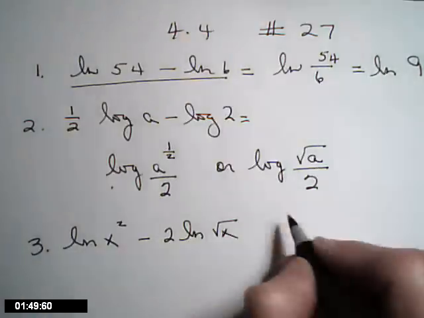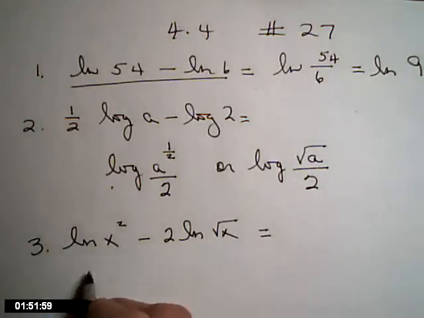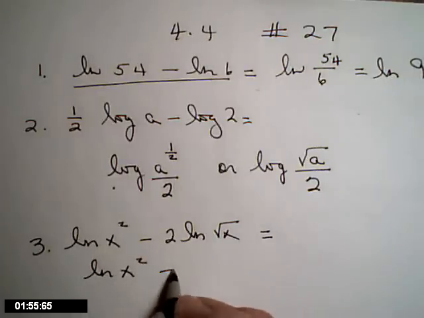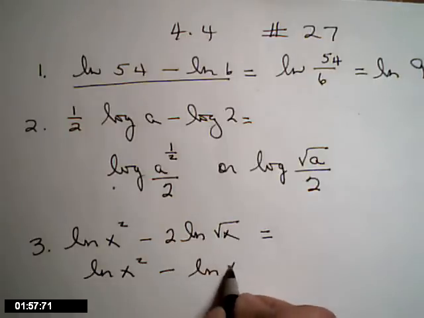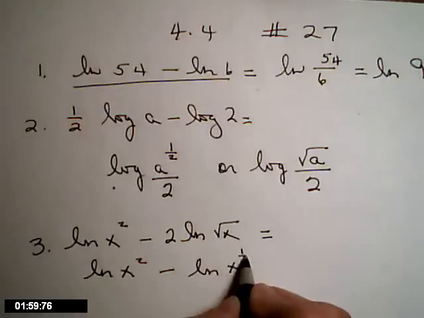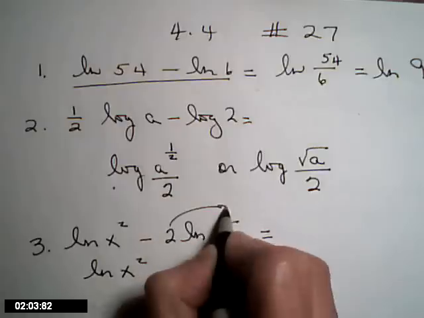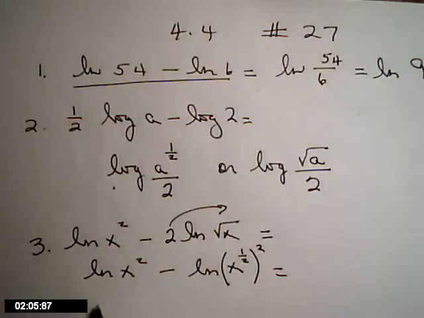Problem number 3, we will have natural log x squared minus 2 natural log square root of x. We just need to do a little rewriting. First of all, we have natural log of x squared minus natural log of x. Now remember, the square root means 1/2, and that's raised to the second power. So that's natural log of x squared minus natural log of x to the 2 over 2 power.